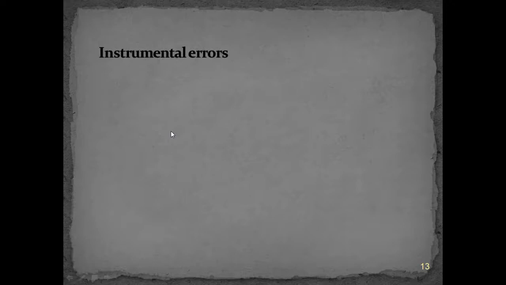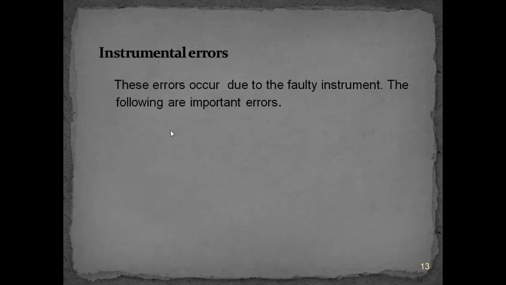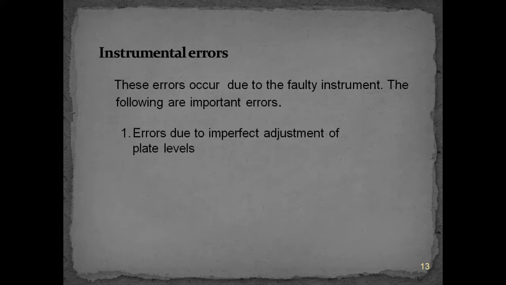First we'll see instrumental errors. These errors occur due to faulty instruments, faulty meaning damaged instruments. Error due to imperfect adjustment of plate levels, that is, foot screws not being adjusted.